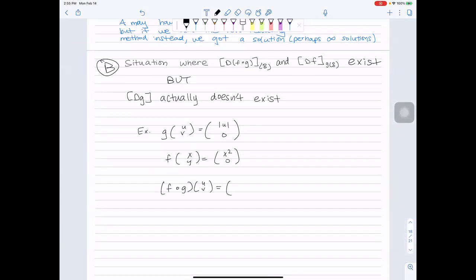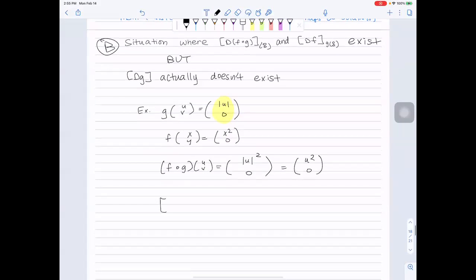Just like how we deal with normal functions, you take the output of g of uv, which is this highlighted part, and we plug that into f. So if we plug this into f, we would get absolute value u squared and 0. So this is u squared, 0.